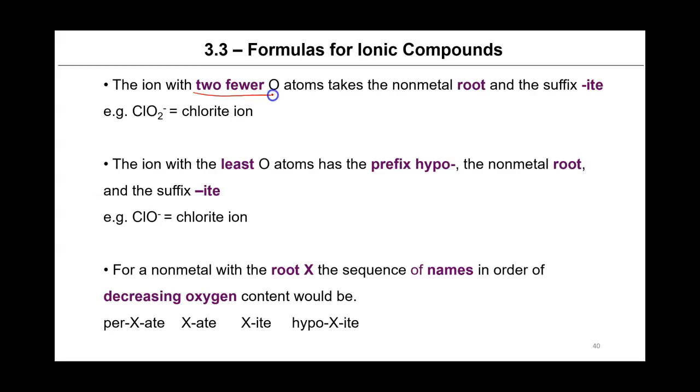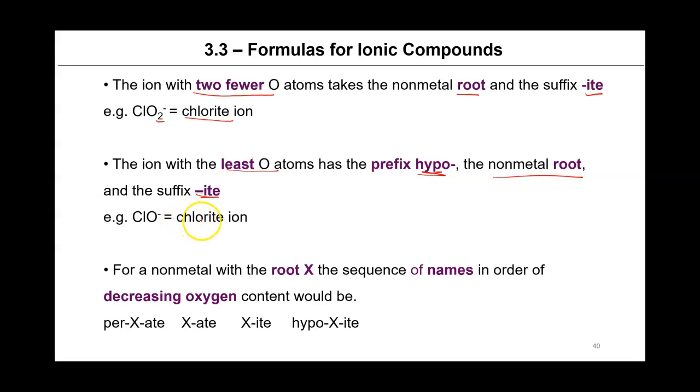The ion with 2 fewer oxygen atoms takes the nonmetal root and the suffix "ite". So 2 less than 4 would be 2. So ClO2 minus is referred to as the chlorite ion. And then finally, the ion with the least number of oxygen atoms has the prefix "hypo", then the nonmetal root, and then finally the ending "ite".